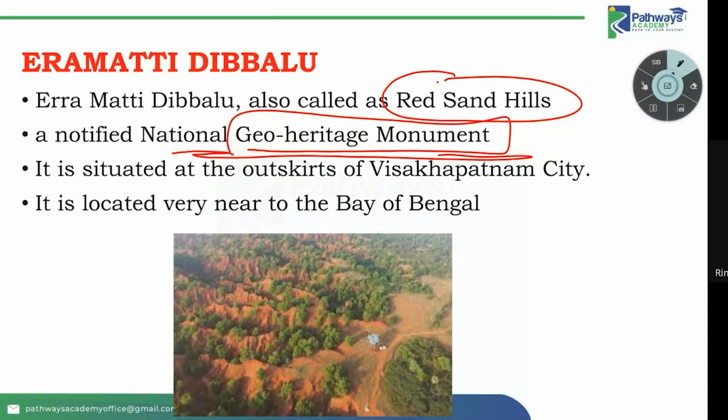That is the important thing about Eramati Dibbalu. It is present in Andhra Pradesh in the Visakhapatnam region. Eramati Dibbalu is the red sand hill considered a national geo-heritage monument and it is present in Visakhapatnam, Andhra Pradesh.